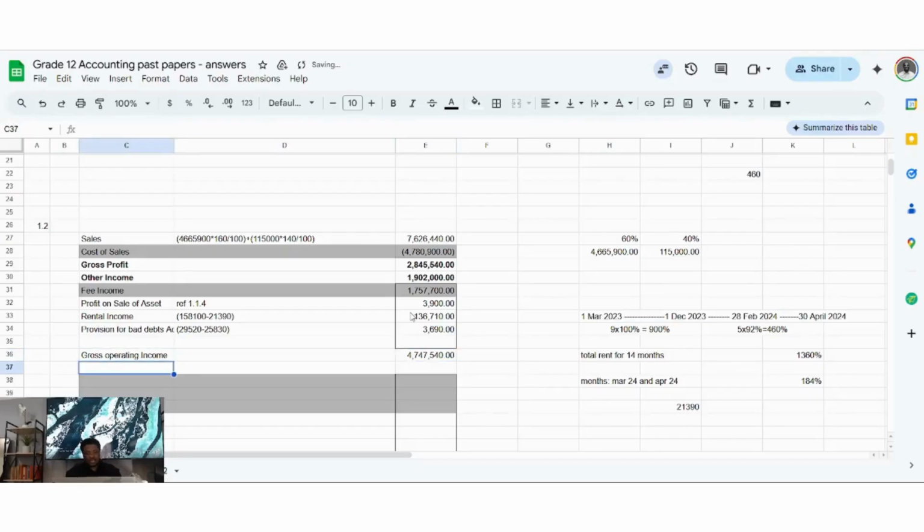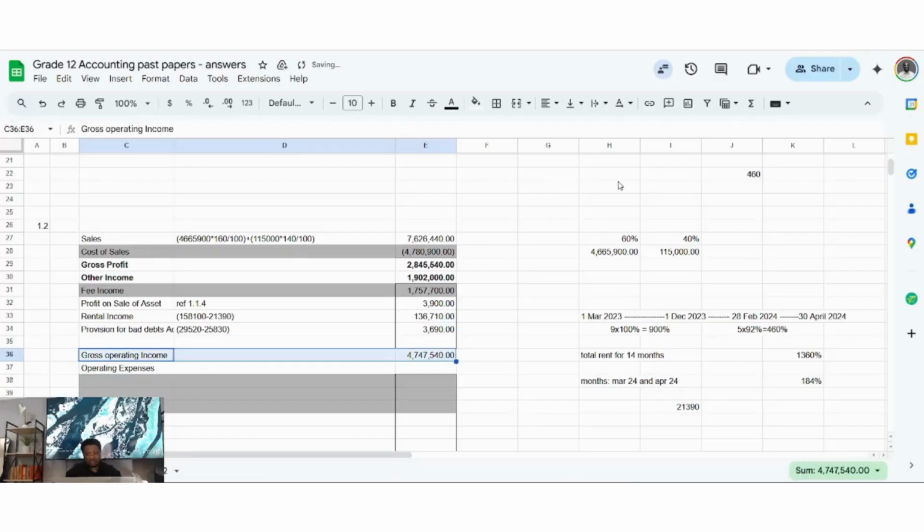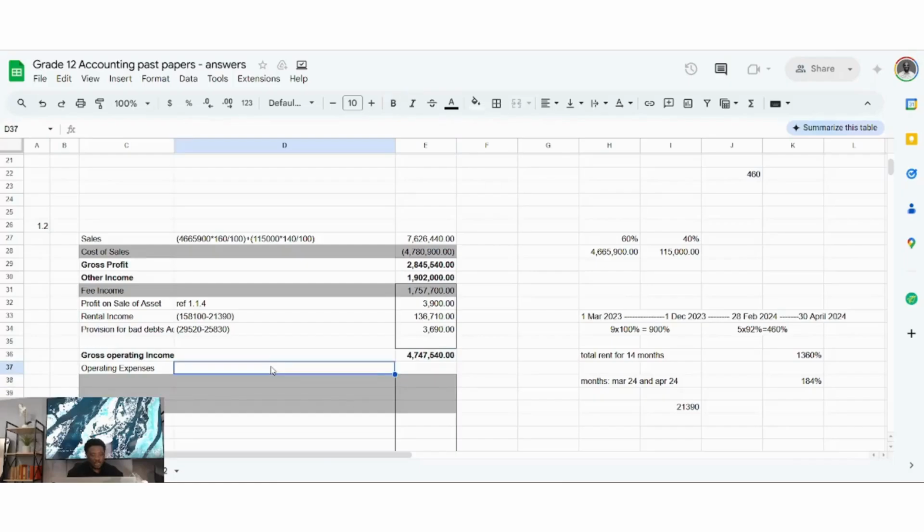And then after that, we look at our operating expenses. And by the way, again, this is another method mark, because if you add up your gross profit and other income, even if the numbers are wrong that you got there, the fact that you know that you need to add them to get gross operating income, you will get a method mark. So again, no time to be leaving blank spaces.